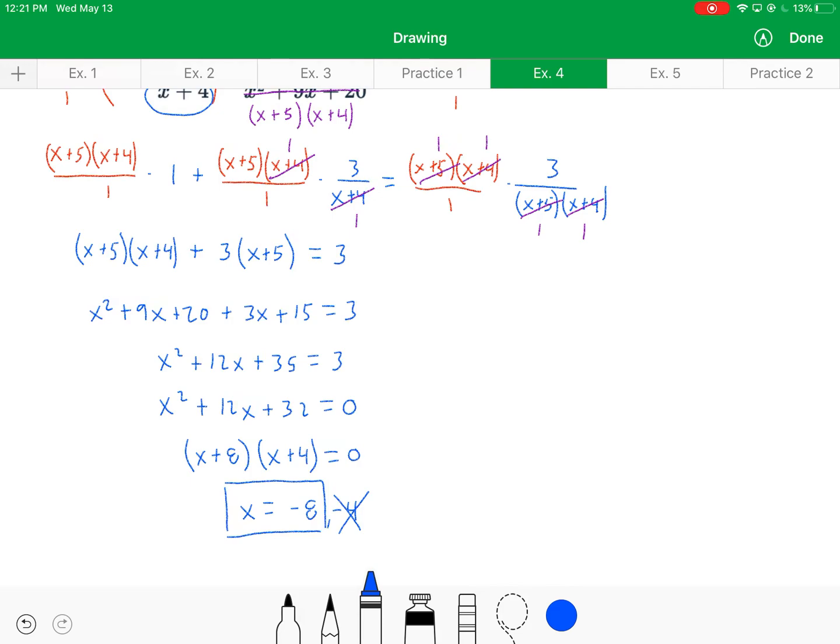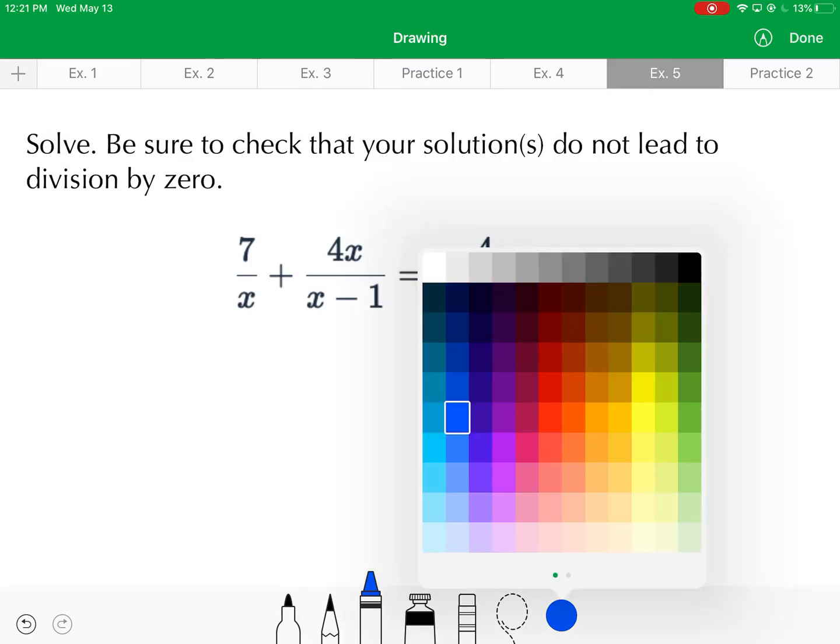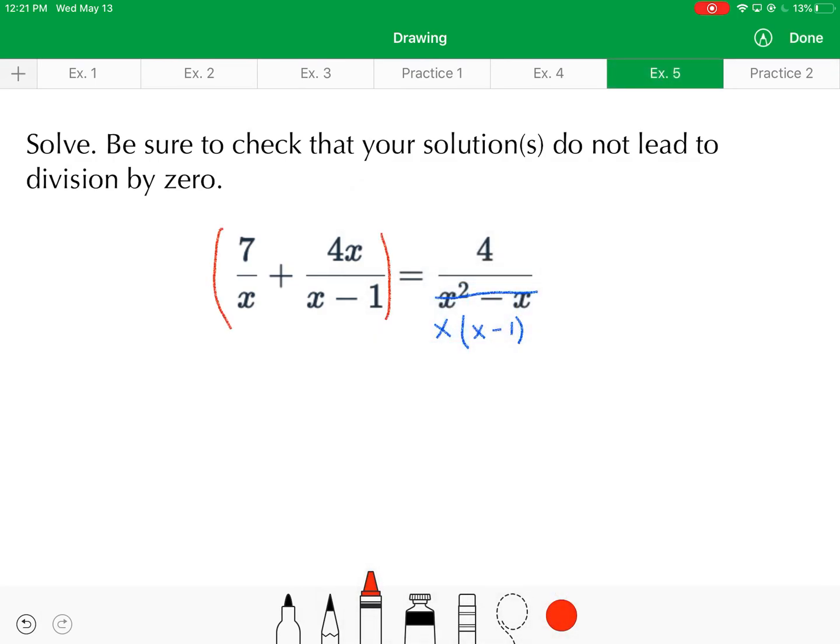Okay. All right, one final example. Here, kind of similar. Notice the rightmost fraction needs the denominator factored. I can pull an x out here. And that's my common denominator, so I'm going to multiply by that on both sides. Okay, let's write that out.